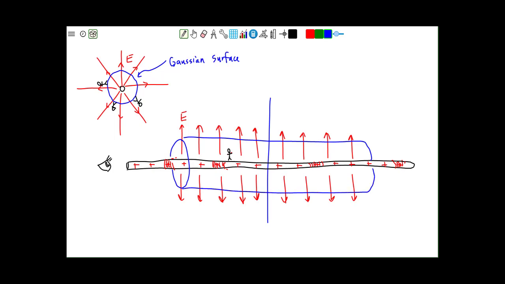And so now you can see why we say that this wire has cylindrical symmetry, because if we take a cylinder surrounding it, the electric field shares that same cylindrical symmetry.